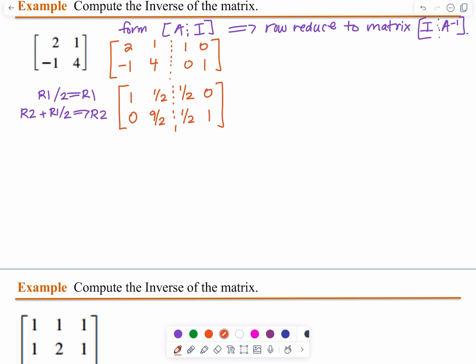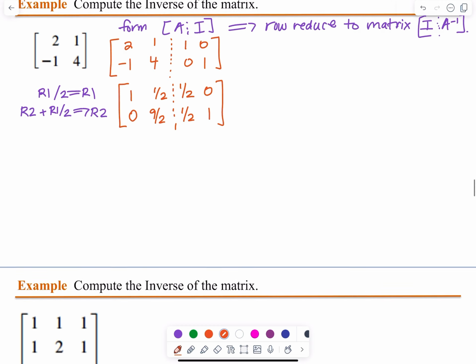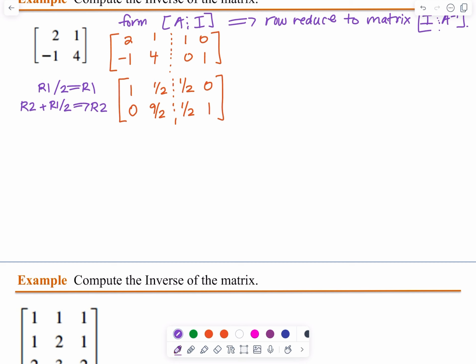Okay, so now we're going to multiply the second row by 2/9. Let's do that first.